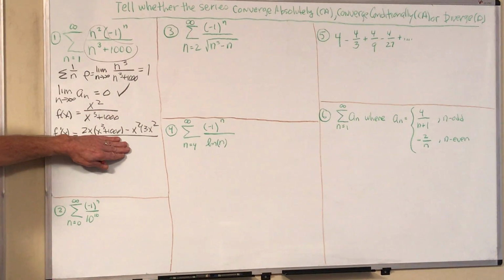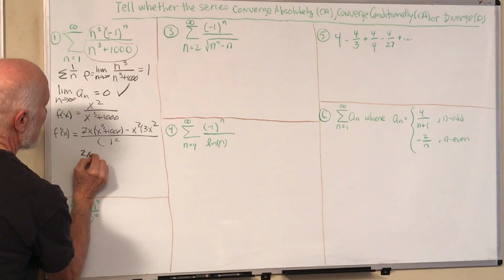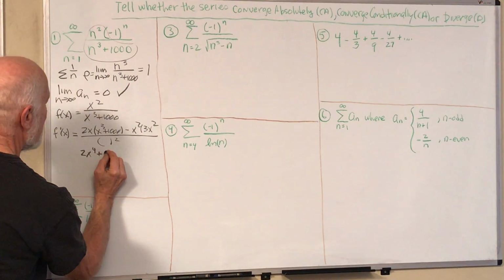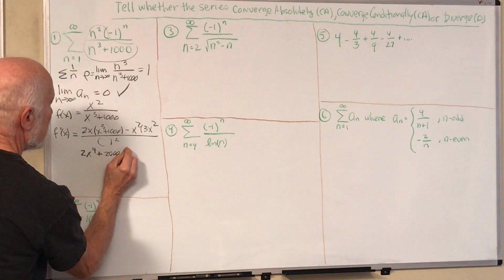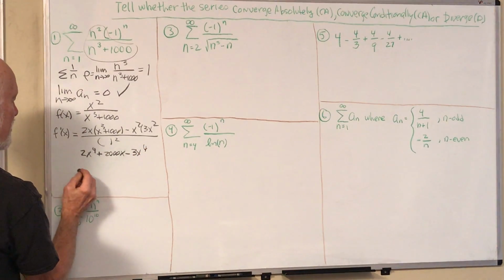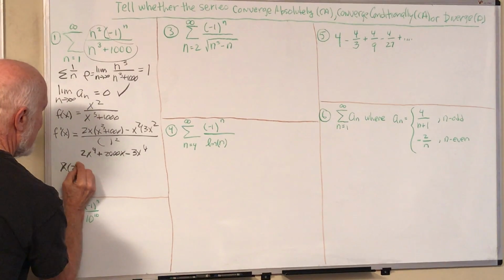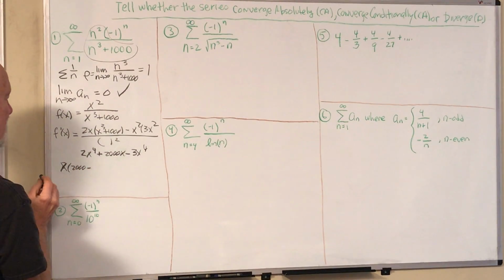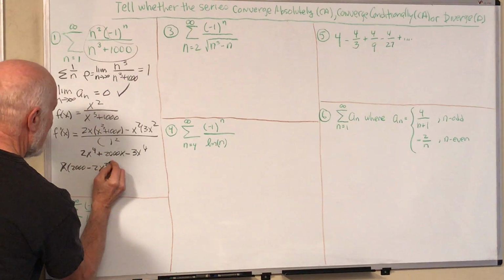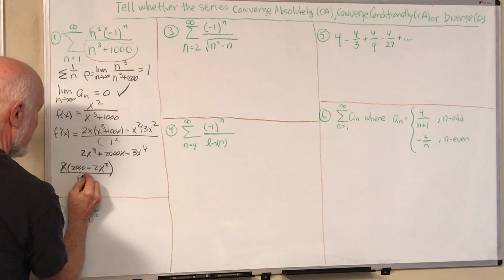I can just look at the numerator, and the numerator is 2x to the 4th plus 2,000x minus 3x to the 4th, or x times 2,000 minus x squared. And the denominator we know is positive.